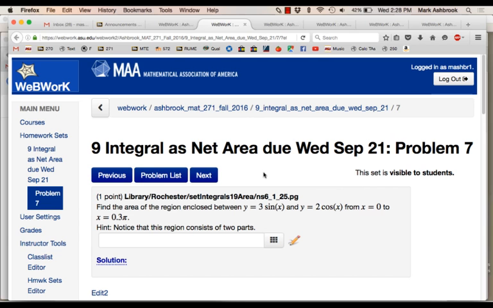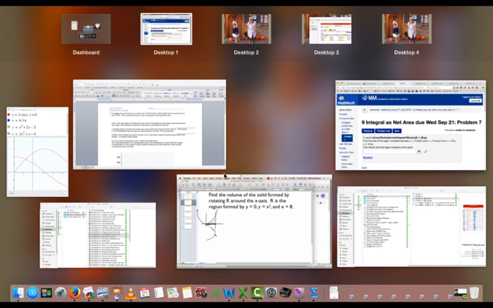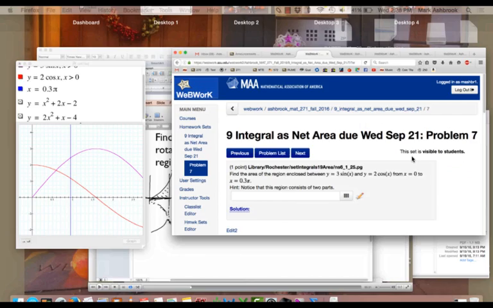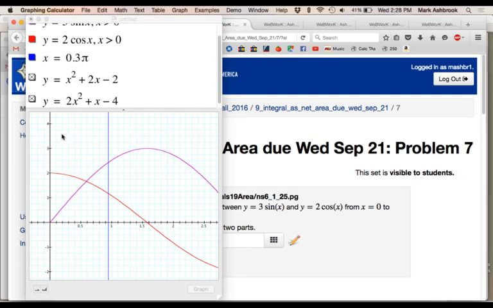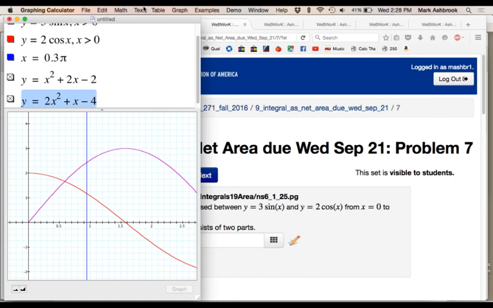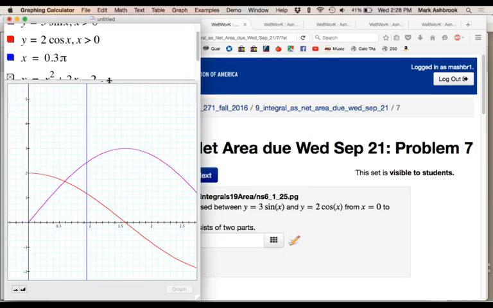Okay, so this one I have fired up on my grapher. It says the area enclosed by 3 sine x and 2 cosine x from 0 to 0.3 pi. So I graph that situation, and that's what this looks like. The purple one is sine and the red one is cosine.